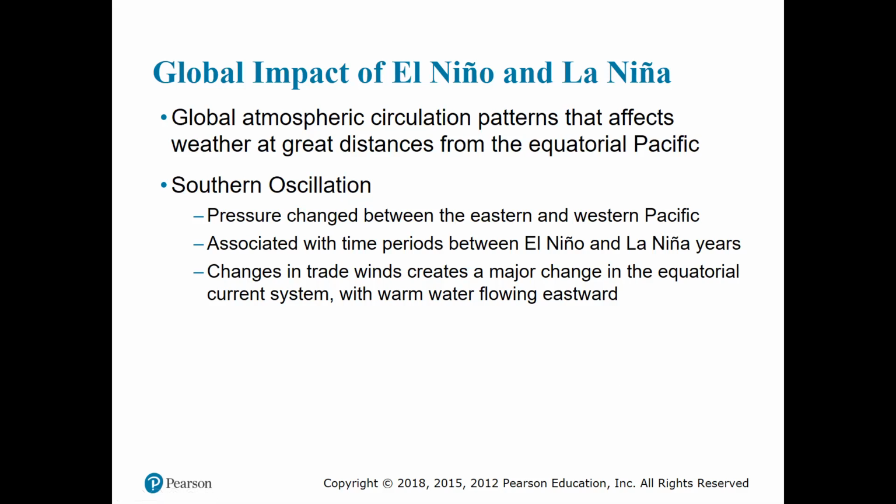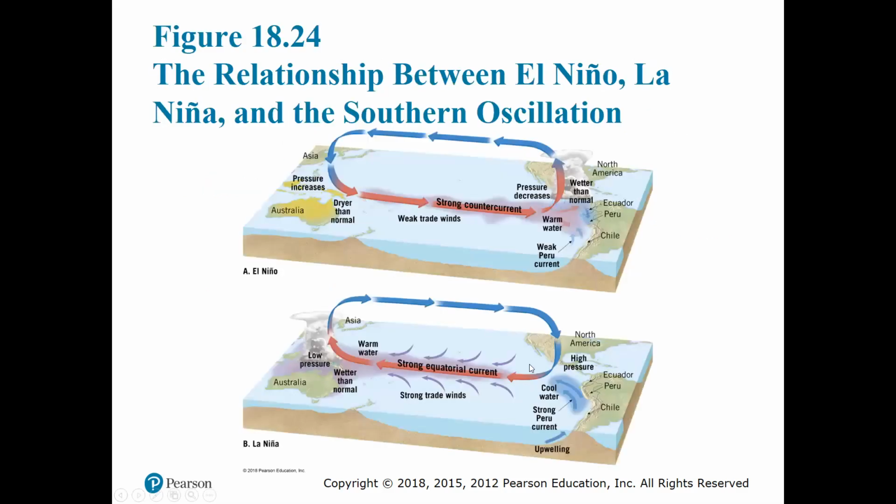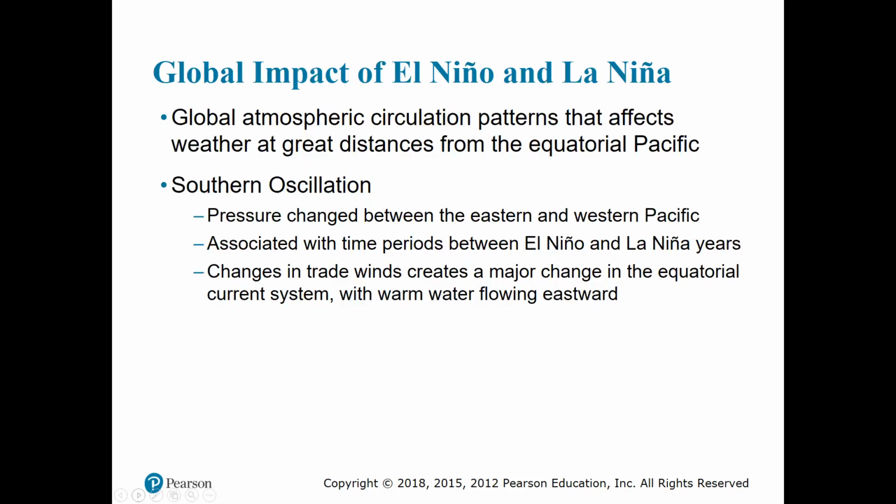So we can look at these global impacts. At first, when El Nino and La Nina were discovered, they thought it was more localized to just these areas along the equator. But now we realize, of course, they're not, and they do have global ramifications.